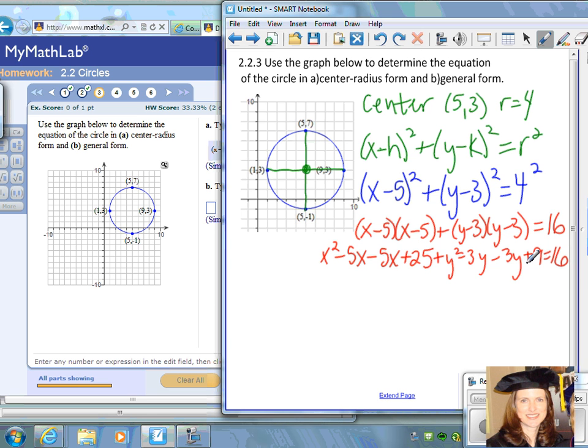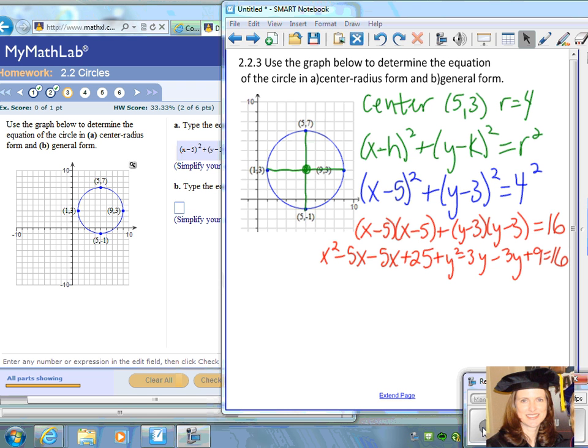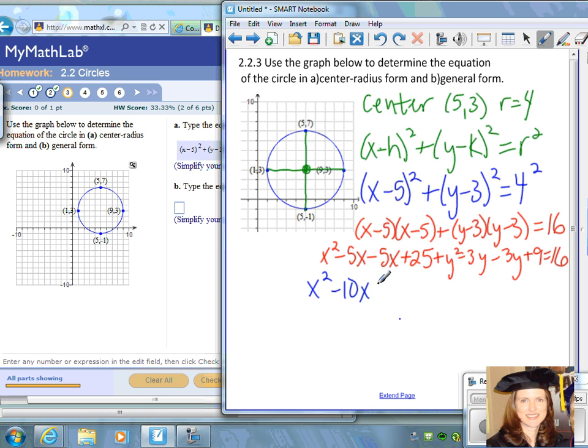I want to combine like terms. When I combine like terms, I'm going to write the first term x squared, minus 5x minus 5x, I'm going to write that as minus 10x. You can write plus 25 plus y squared minus 3y minus 3y is minus 6y plus 9 is equal to 16.